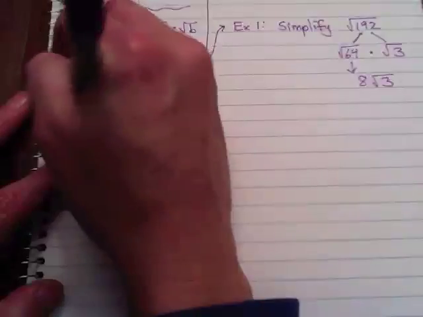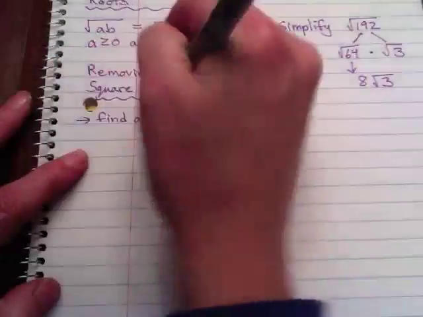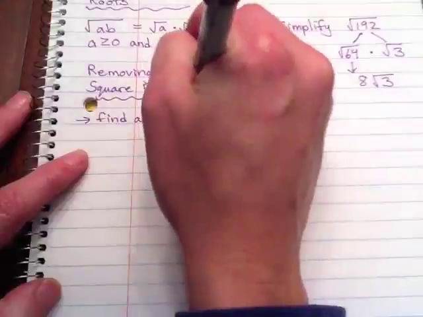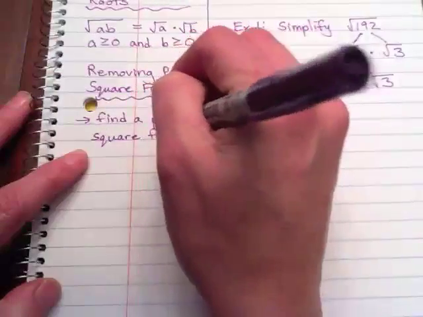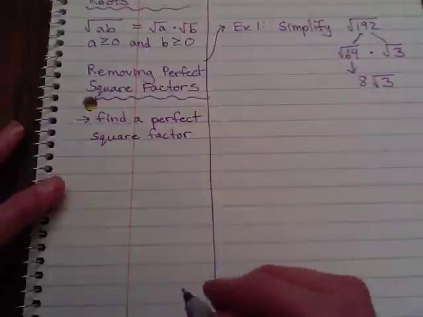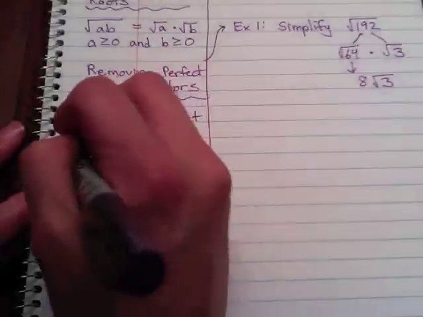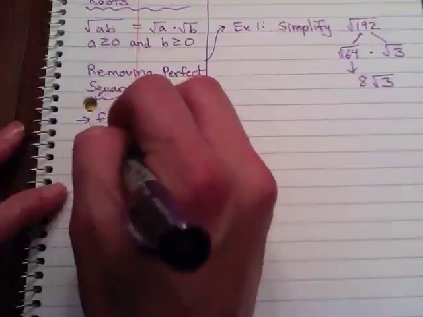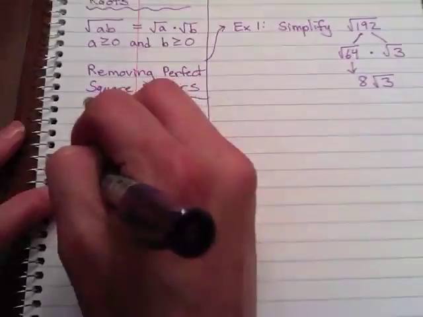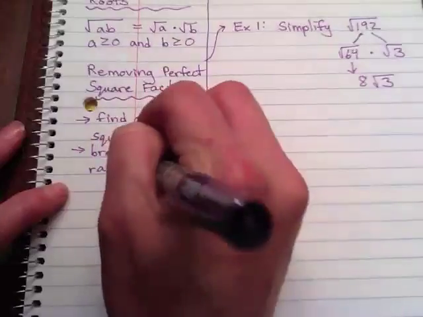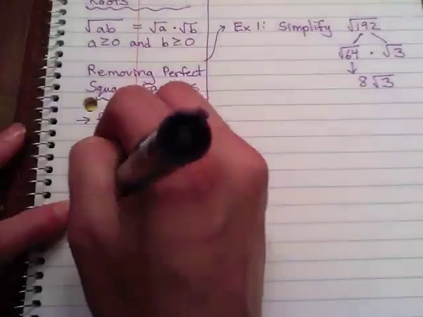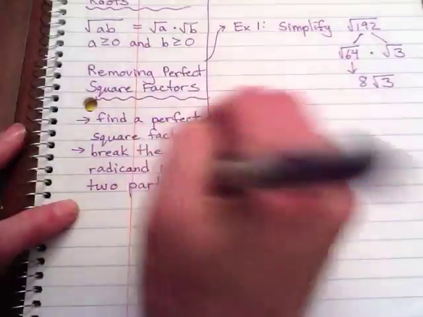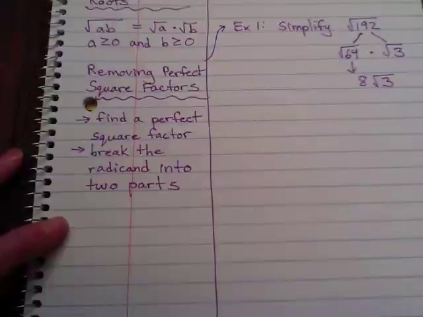Okay, so let's write down over here what you're going to do. So you find a perfect square factor. And then you break the radicand into two parts, sometimes more depending on how many times you end up breaking it down.